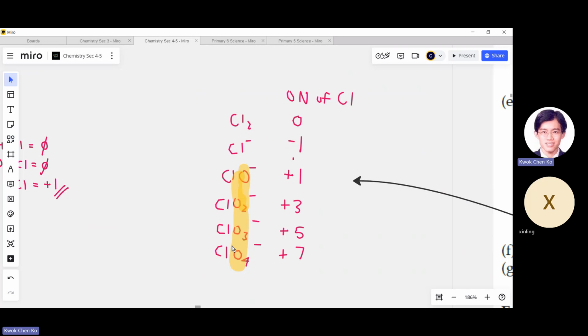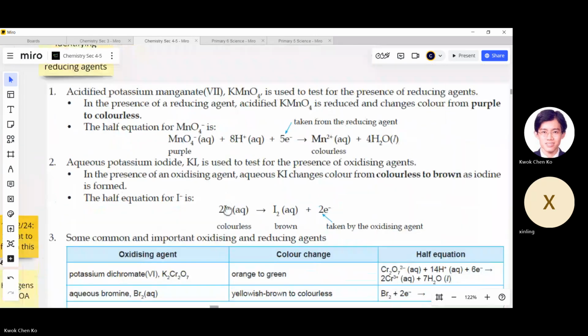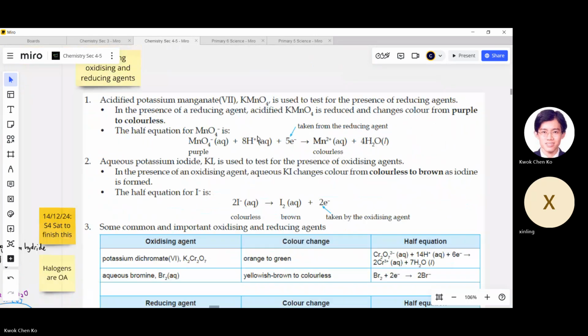No need to know their names, except for the first 2. The rest, just know that they have different oxidation states. Okay, last part. I like this KMnO4 form. They like to have this in the exam, even for practical.